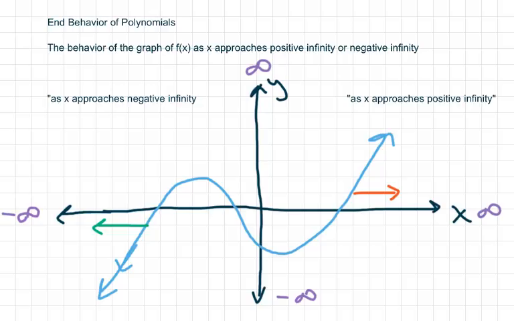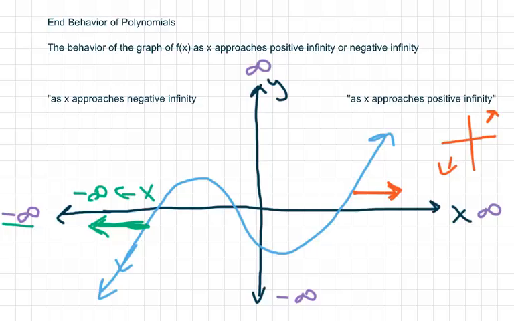So when we're looking at it, what you're looking at is this tail end right in here. So for example, this part right here and this part. Basically we're looking at this part and this part. And what's happening? On this part, as x approaches negative infinity, what's happening to the y?